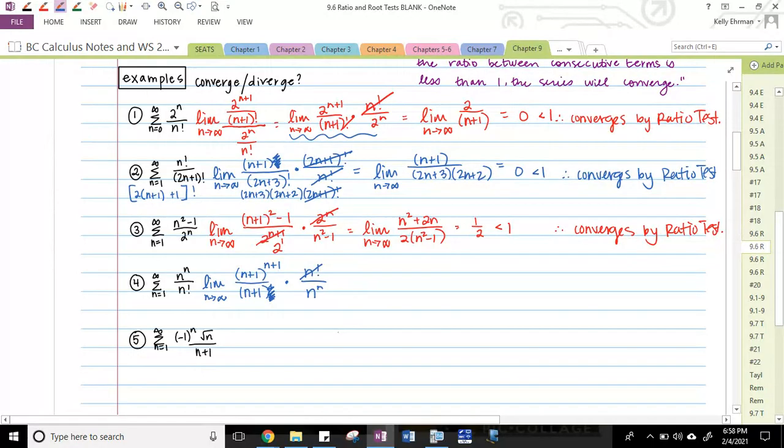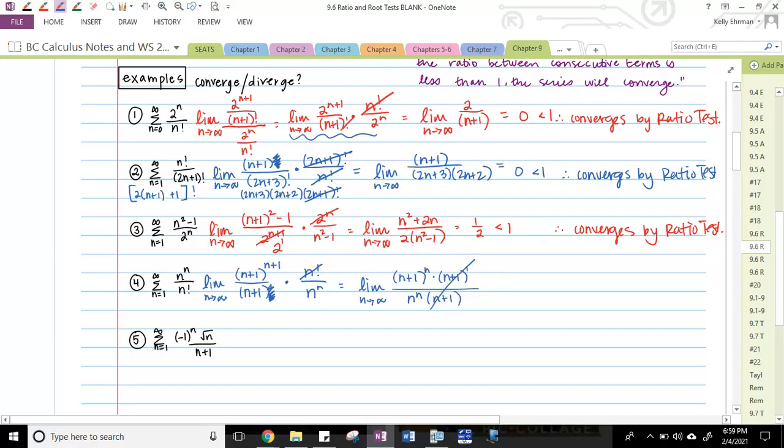Now, I have the limit as n approaches infinity of (n plus 1) to the n plus 1 over n to the n times n plus 1. I guess I could rewrite that a little bit if it helps. Like I could write (n plus 1) to the n times (n plus 1) to the first, over n to the n times n plus 1.